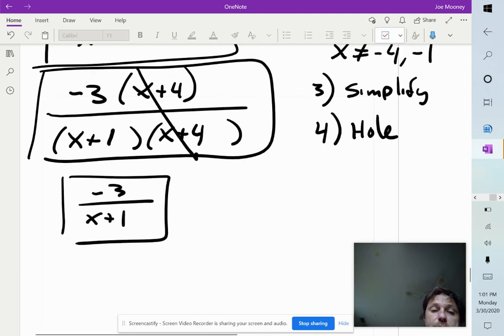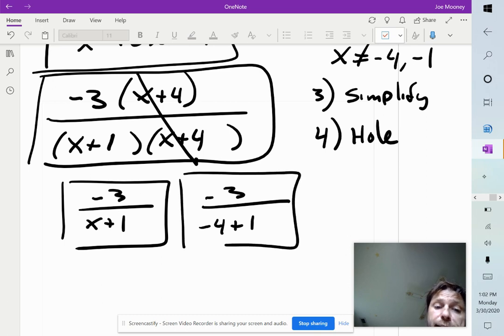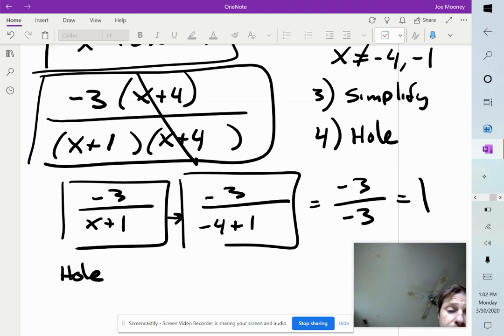So what did we say was not going to be allowed? Negative 4. So I'm going to plug negative 4 into this. So negative 3 over negative 4 plus 1 is negative 3 over negative 3, which is 1. So when I plug in negative 4, I get a height of 1.